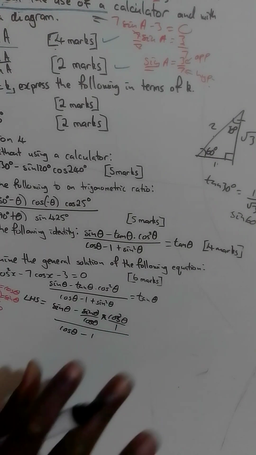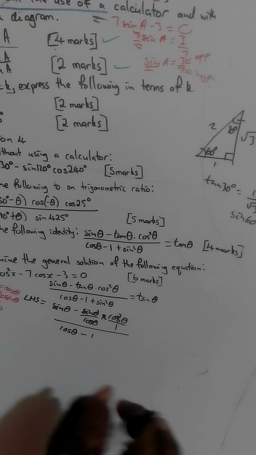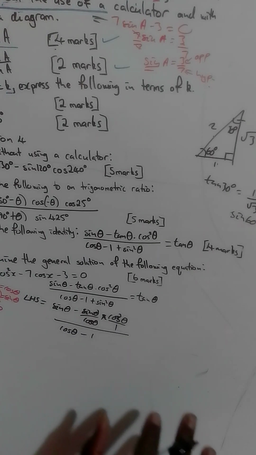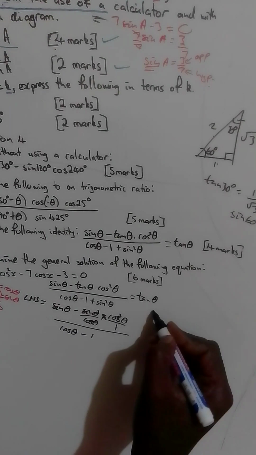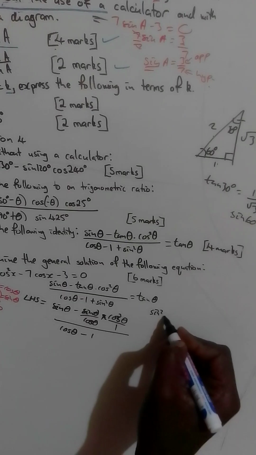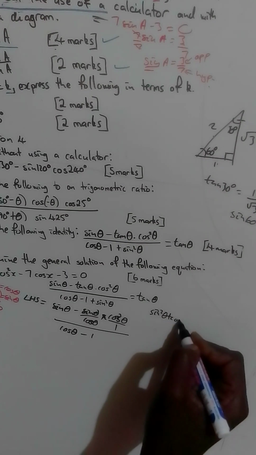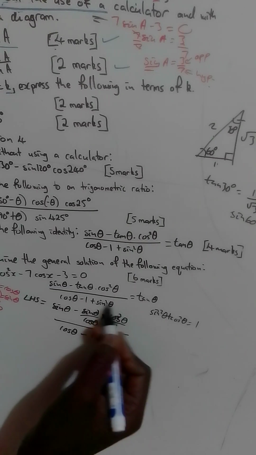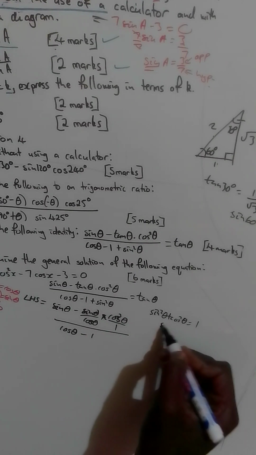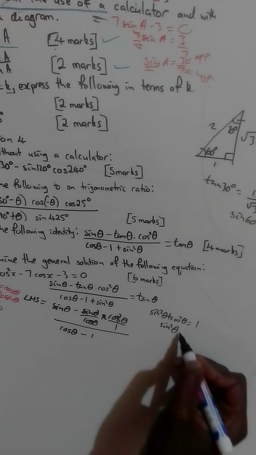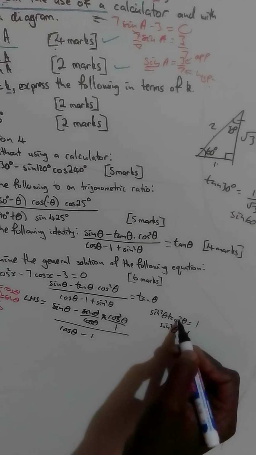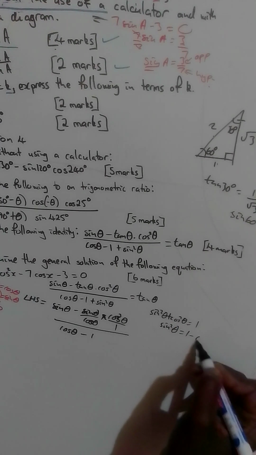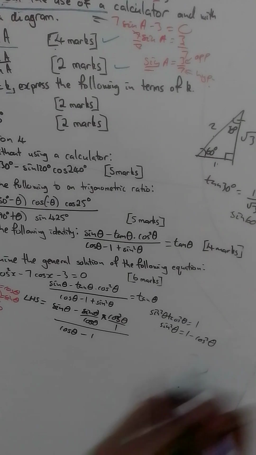Now for the sin squared theta, I want you to remember about Pythagorean identities. What do Pythagorean identities say? Sin squared theta plus cos squared theta is equal to 1. So sin squared theta is equal to 1, and if I transpose the cos squared, it becomes a negative cos squared theta.